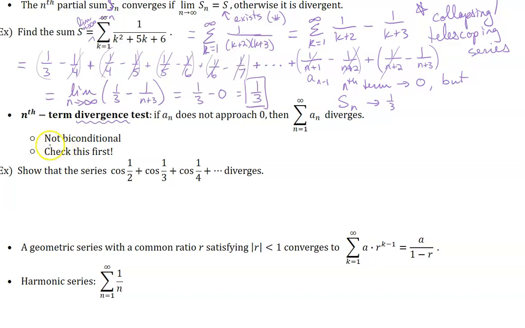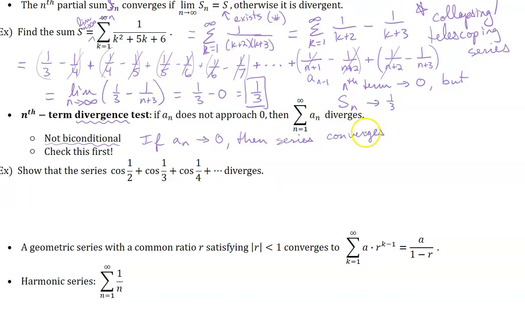All right, now I'm stressing this a lot because it's going to be a very easy thing to mistake. It is not a biconditional. In other words, we cannot say the converse of this. We can't say if a sub n approaches 0, then the series does not diverge, or in other words, converges.